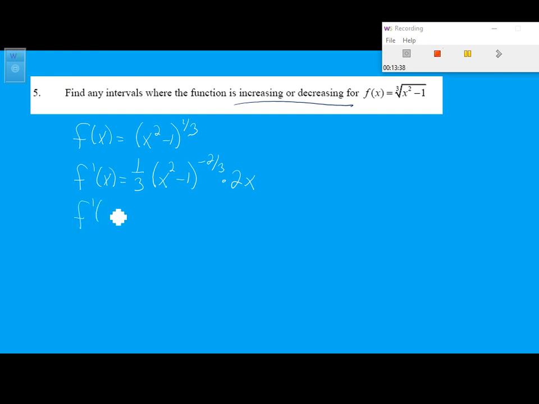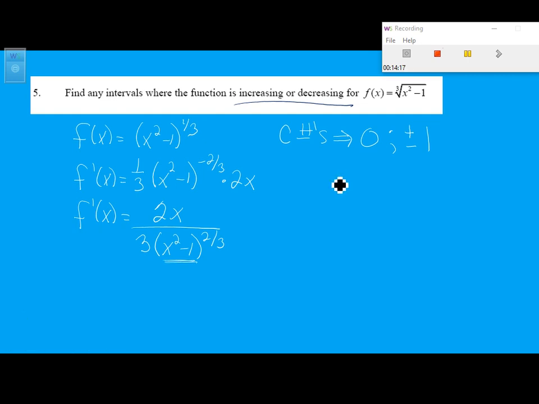So here's my first derivative: 2x over 3 times x squared minus 1 to the 2/3. Now, let's talk about critical numbers. I'm going to have a critical number for sure at 0 because that's where my numerator is equal to 0. I'm going to have 2 more critical numbers at positive and negative 1 because that's where my denominator is equal to 0.